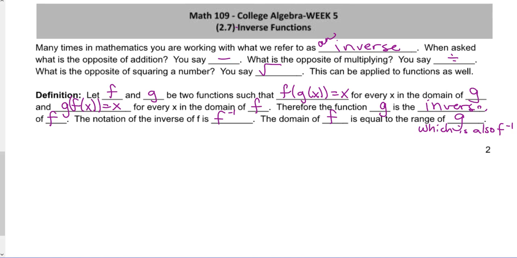So what we're going to be able to do, the domain of f, which are the x's, is the same as the range of g, which are the y's. So this is where we kind of are able to have that idea of swapping the x values in order to find some points. And we'll see that later when we are graphing, okay? So that's a key thing to remember, that the domain of f is also the range of g.